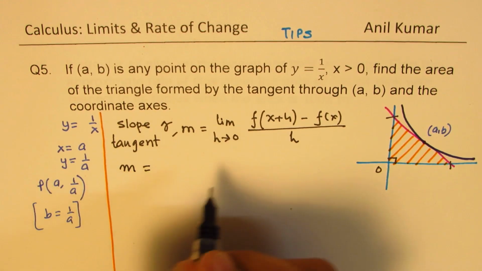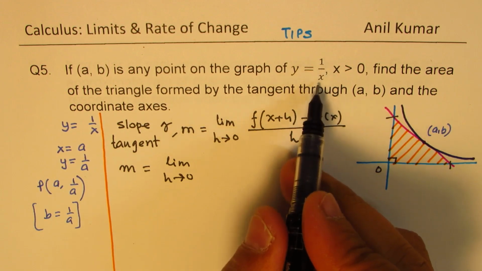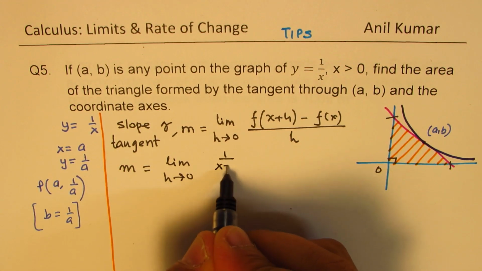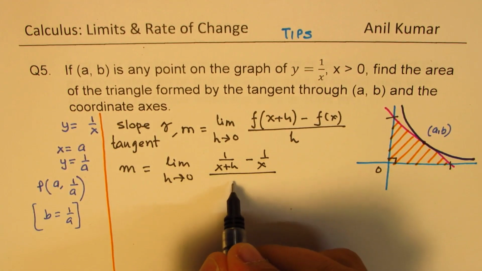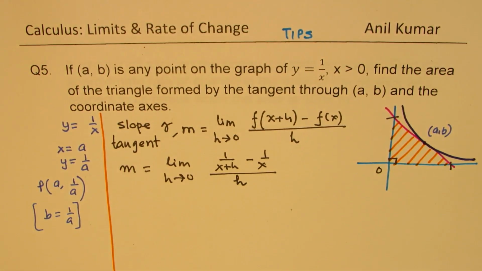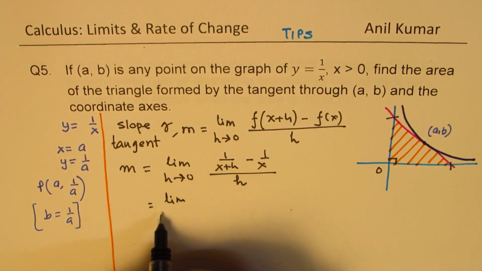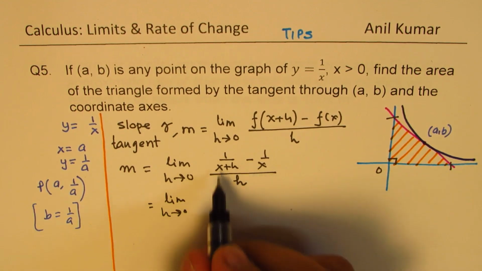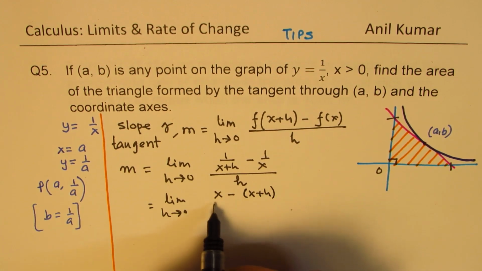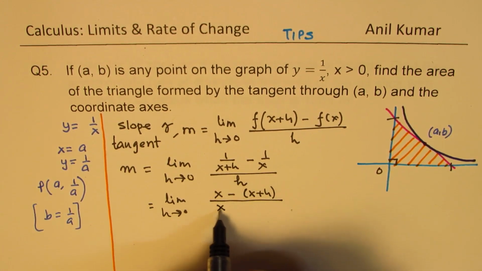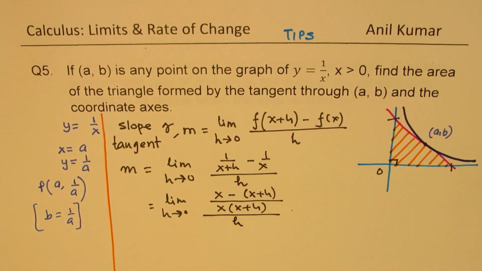So we can say m equals limit h approaches 0. The function is 1 over x, so we can write this as 1 over x plus h minus 1 over x, over h. To solve this, we'll take a common denominator and multiply. So we get x minus (x plus h) over x times (x plus h), over h. Is that clear to you?